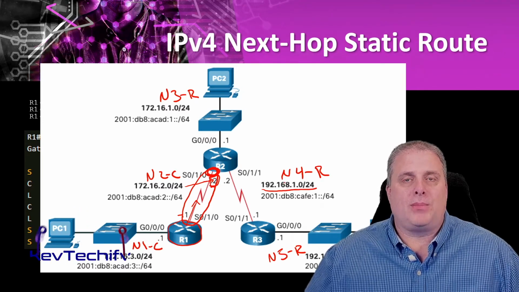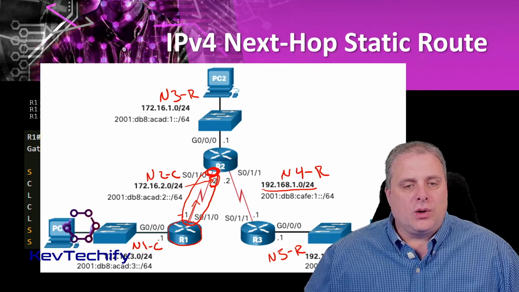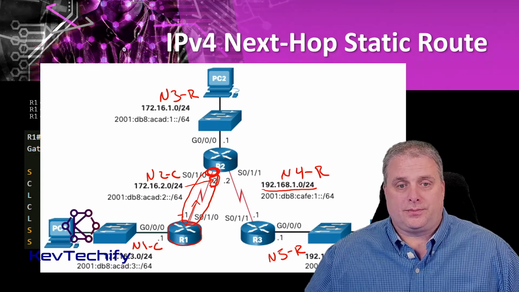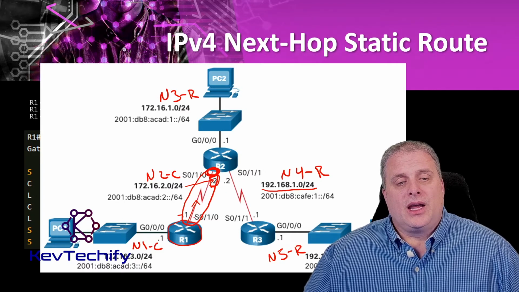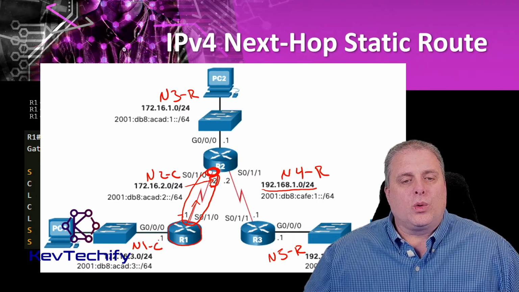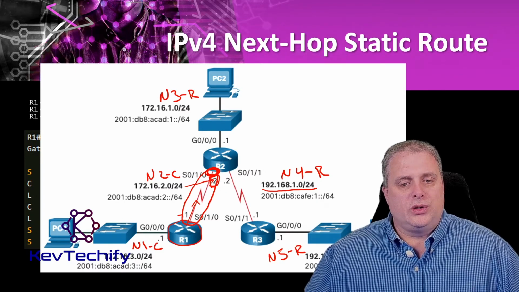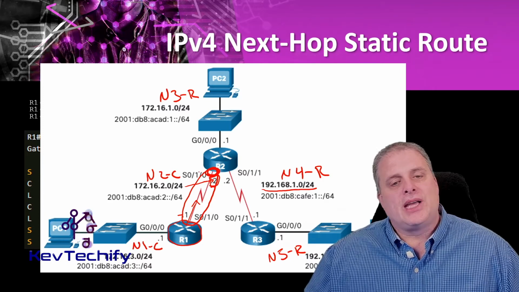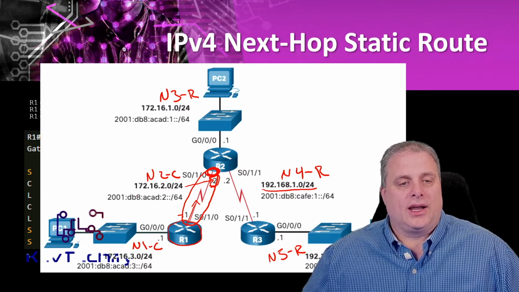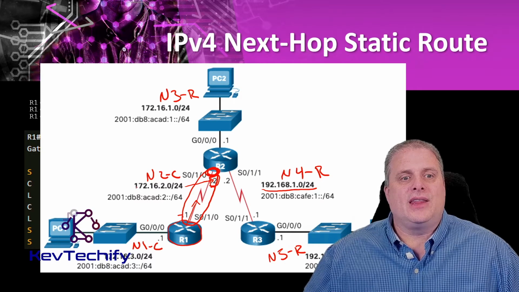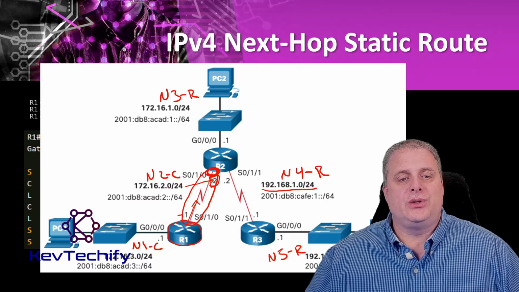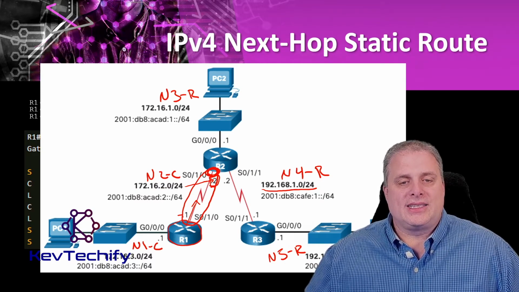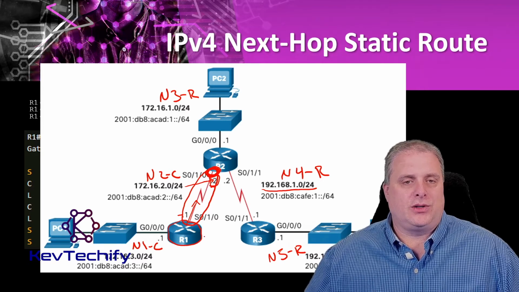What's our next hop IP address? Well, we have to go to R2 here. That means it needs to be on a network we know about, so that is network 2, but it has to be an IP address on the far device where we're sending it. And that's the same address again, 172.16.2.2. That is the same IP address.